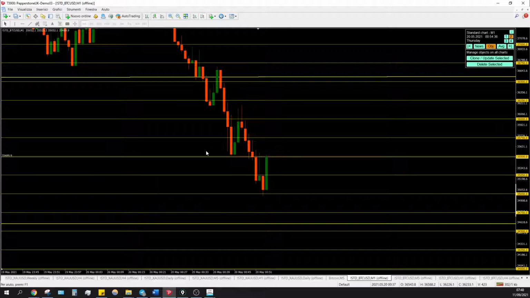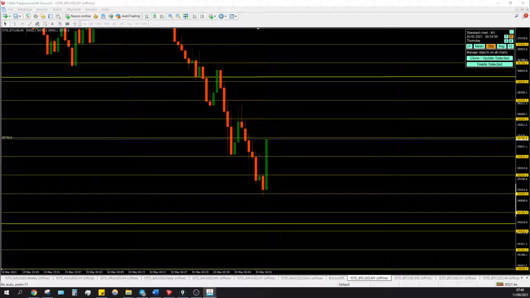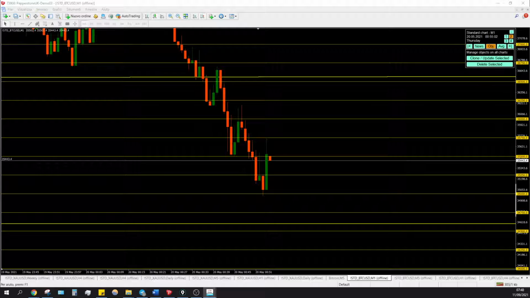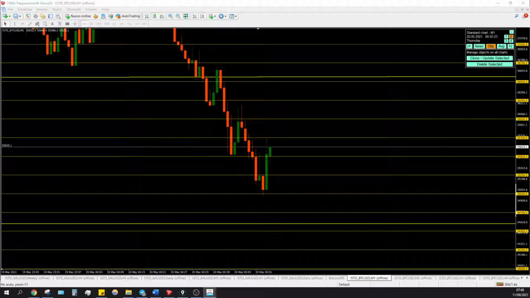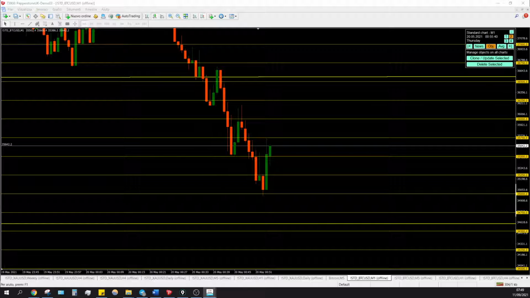Let's see the reaction here, if we can have some more juice to go and revisit those lows. No, looks like they're just breaking above. Not a wick yet. Exactly. No, strong bullish.